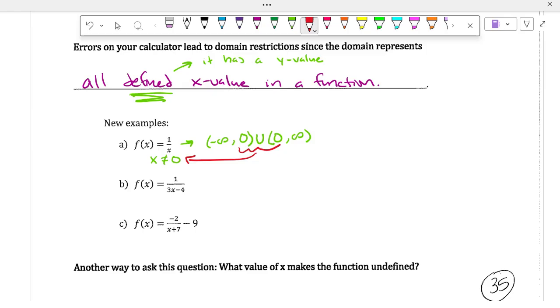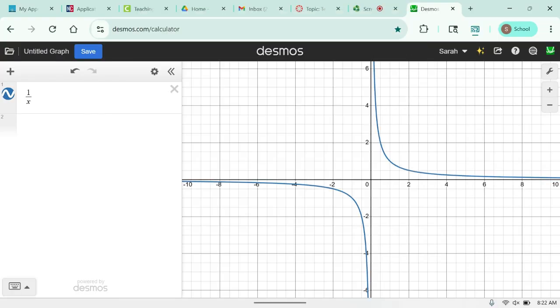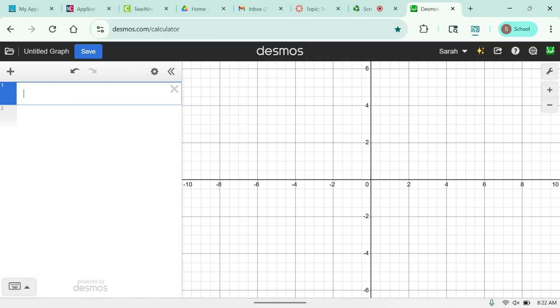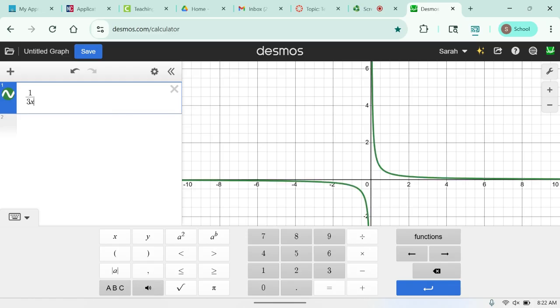So the next one, what x value does it look like it's not going to cross at? So if I type it in, 1 over 3x minus 4.